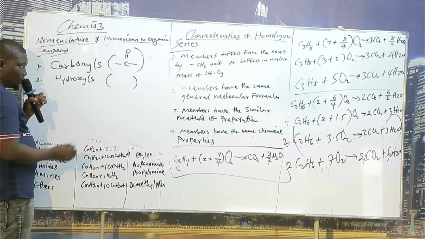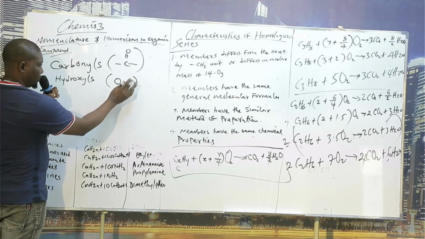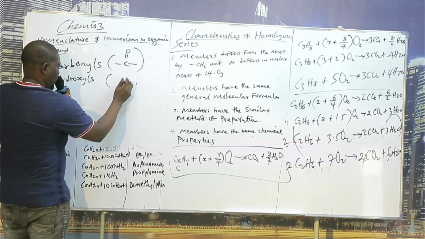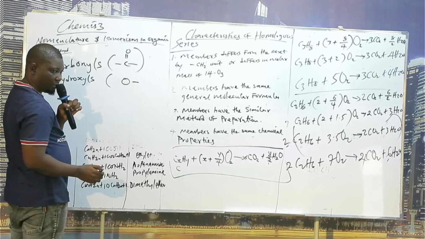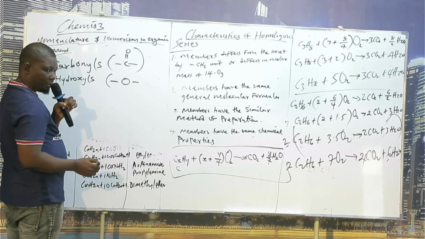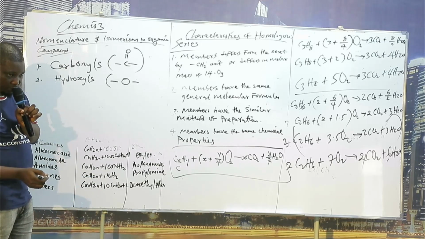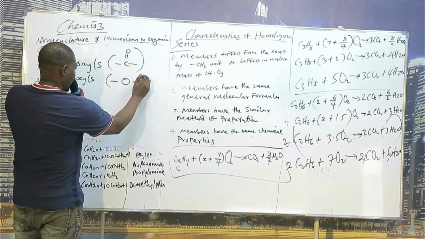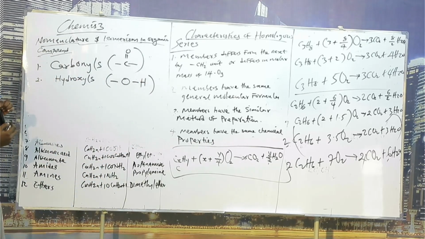O. You know it should be O, don't say OH, show the bond. You must give oxygen 2 bonds. Hydrogen 1 bond. So H should be here. This is the symbol for hydroxyl.